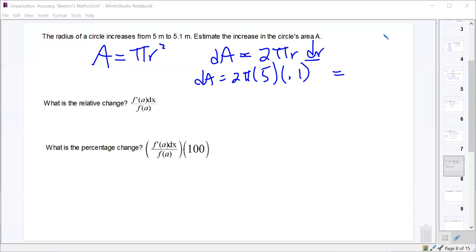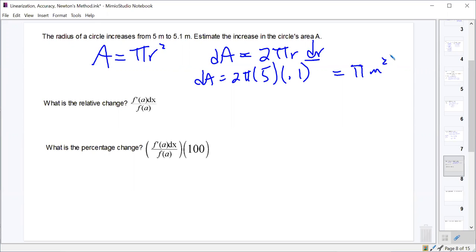It should be about pi, exactly. And we should probably put some units on that. Pi meters squared.